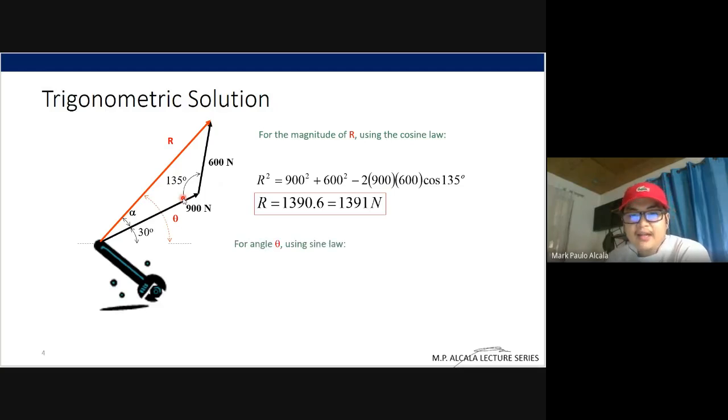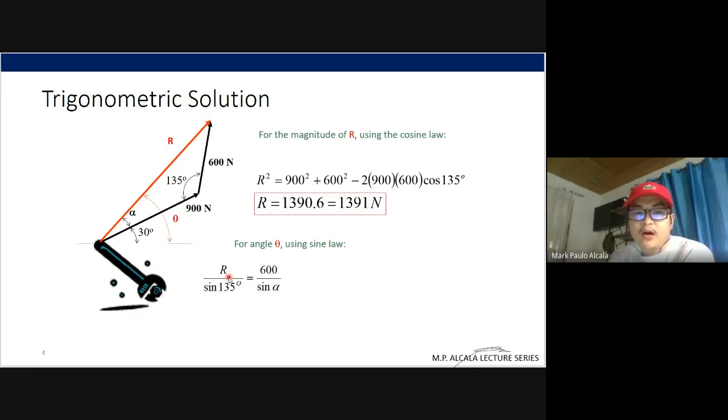For angle theta, using the sine law, for us to find the point of application, the direction. So 30 plus alpha will be the total angle. But to get alpha, you use the sine law. Sine alpha over 600 newtons, the opposite value, is equal to sine 135 degrees over R, 1,391.